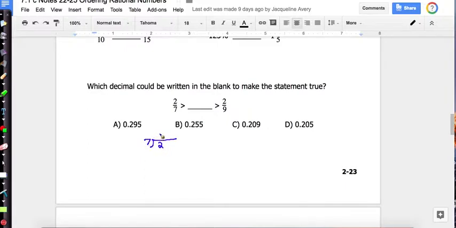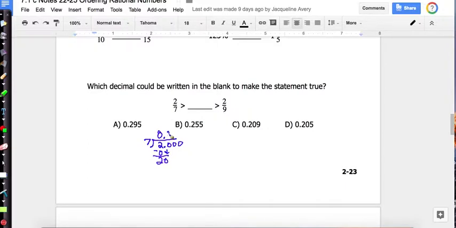Can 7 go into 2? No, it goes in 0 times. 0 times 7 is 0. 2 minus 0 is 2. Put in a decimal, bring it straight up. Drop in 3 zeros. Now, when we're comparing and finding out what's in between, if we go to 3 numbers after the decimal, usually that's enough to compare. So let's bring down our 0.